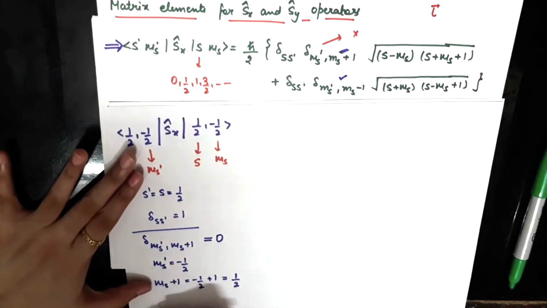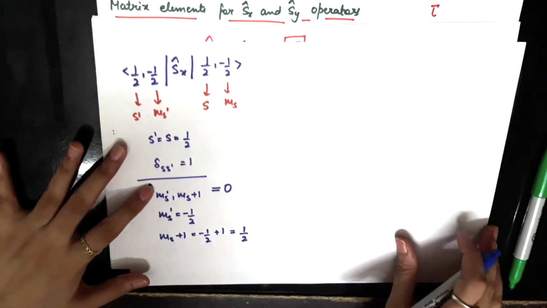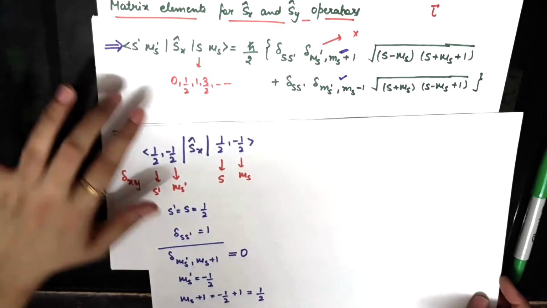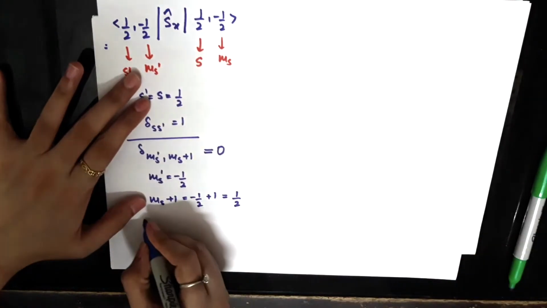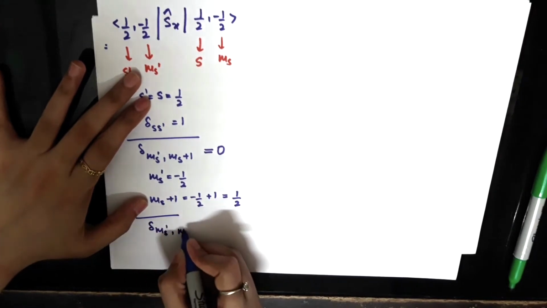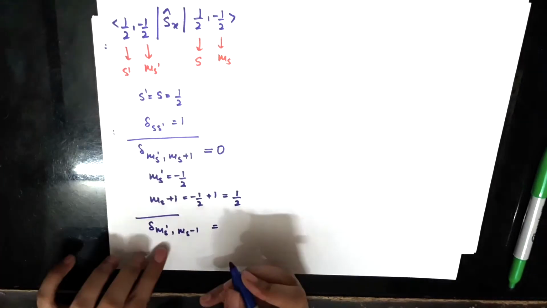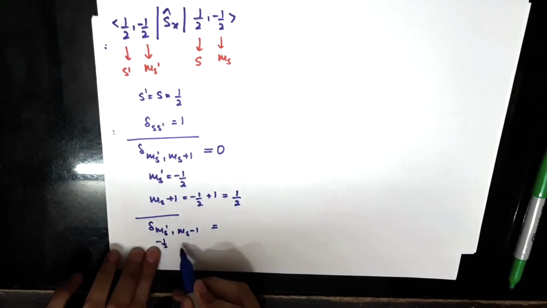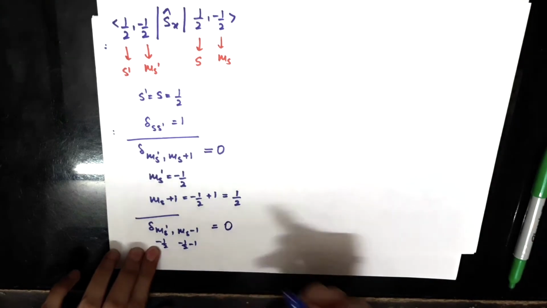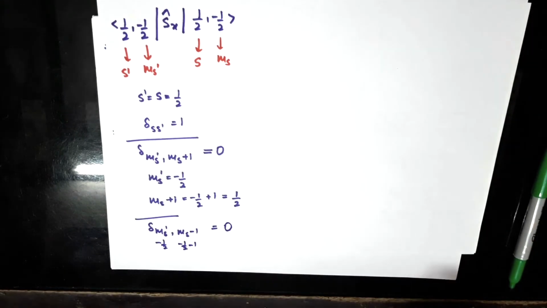You can also check the other delta required in the second term, which is delta MS prime, MS minus 1. This would be, as you check, minus half and minus half minus 1. So this doesn't match, and this also gives me 0.